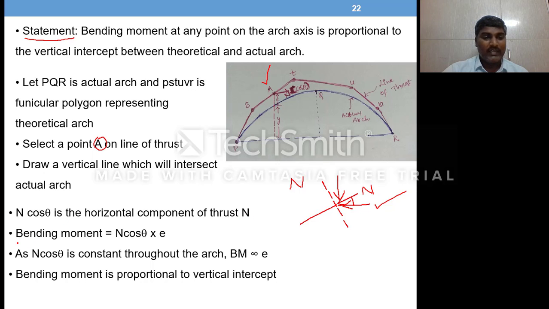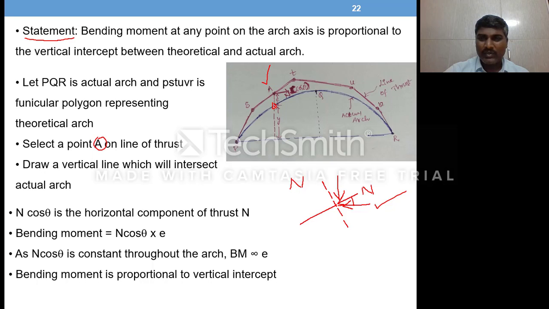Now the bending moment at this point is nothing but this force. You have a horizontal component and a vertical component of this compression.